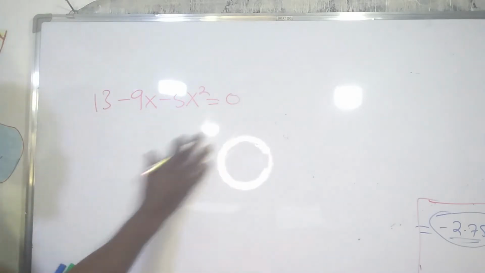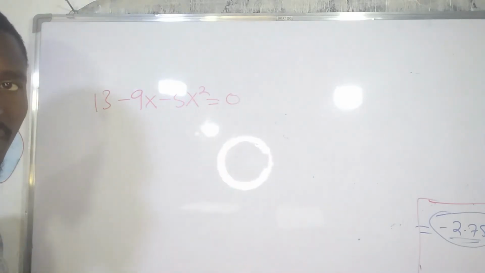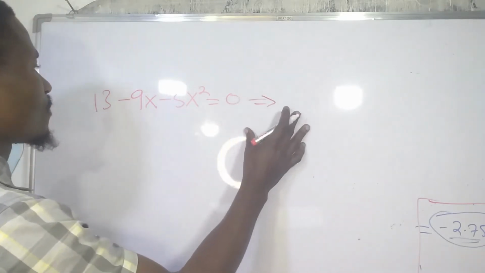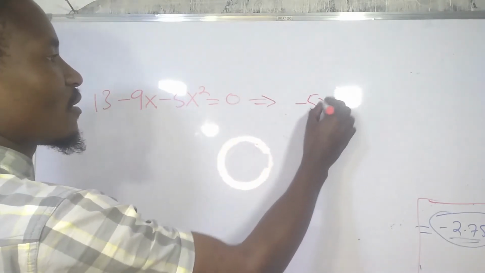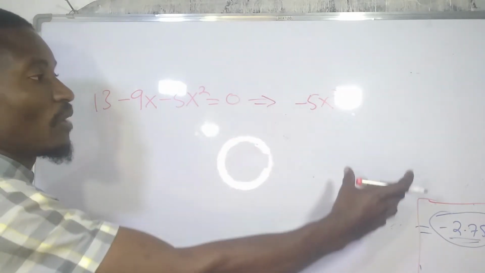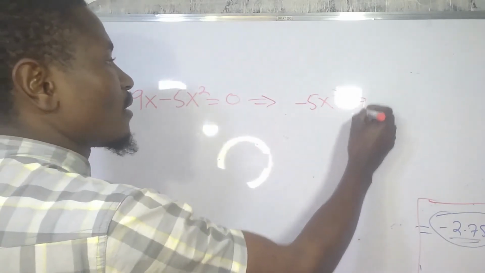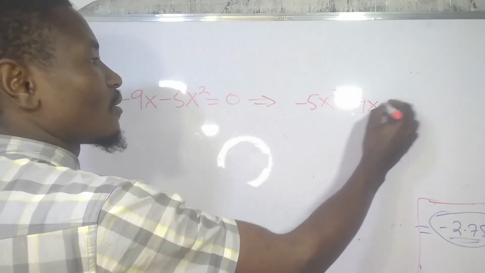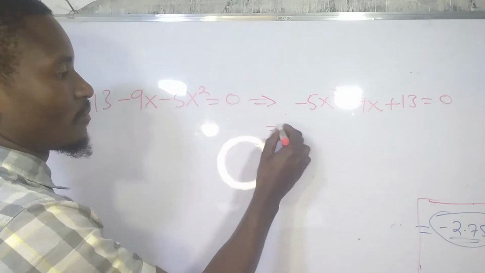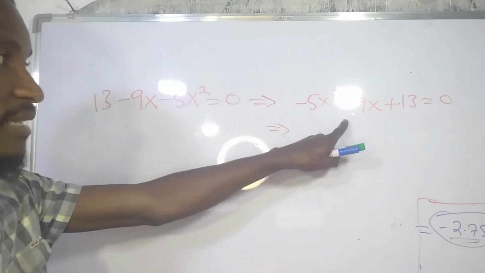So meaning, first of all, you're going to do the same thing. You rearrange, okay? So the rearrangement is going to be negative 5x squared. So you always start with the term that has the highest power, and that is negative 5. Okay, then plus 13. Okay, so that's the rearrangement.